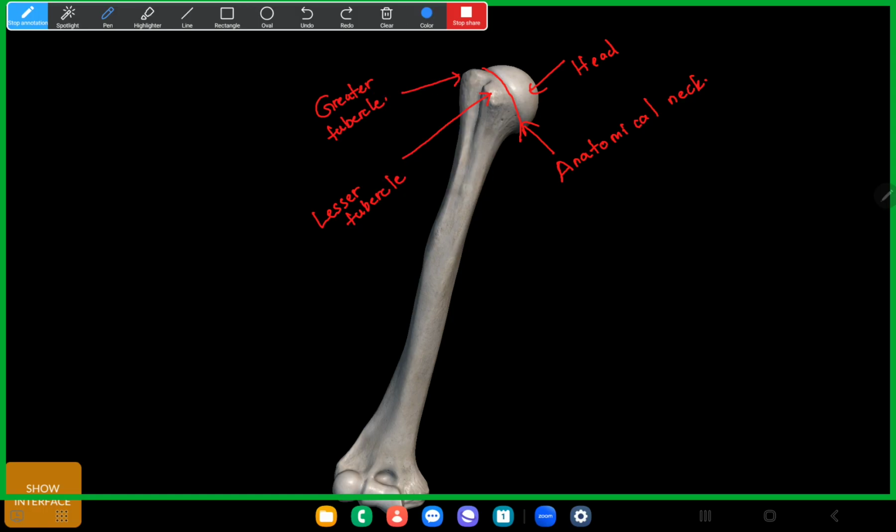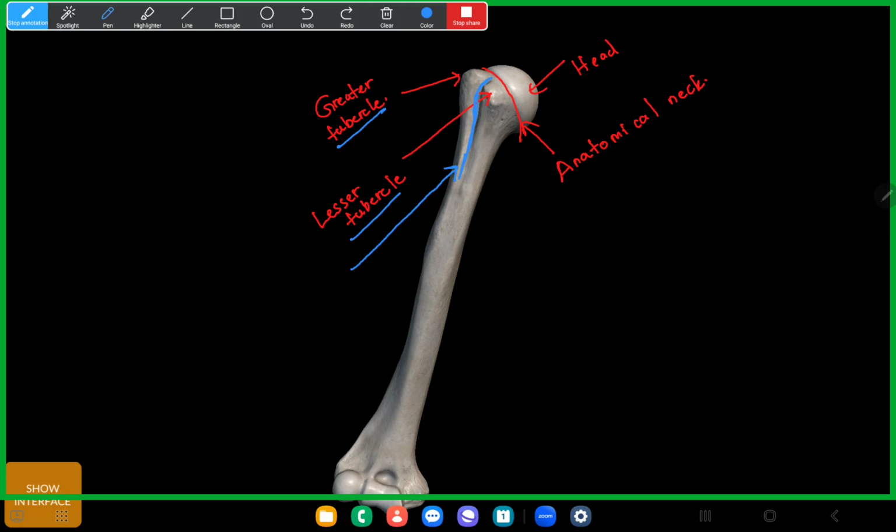And also, you can see there is a groove-like thing in between those two tubercles. This groove is situated between the greater tubercle and the lesser tubercle.